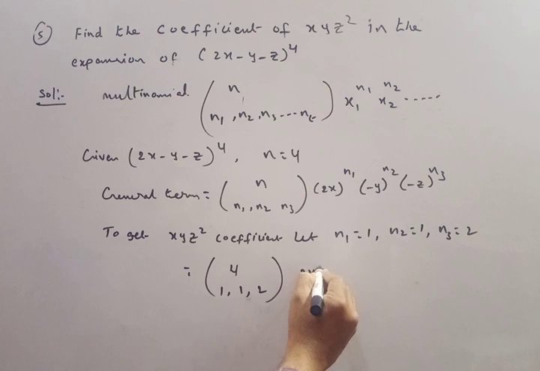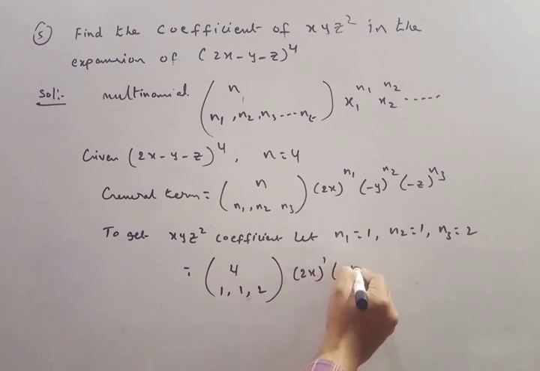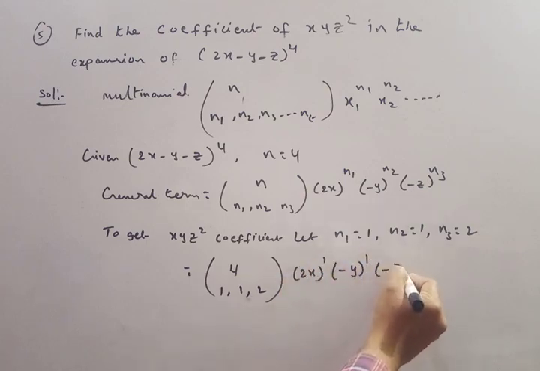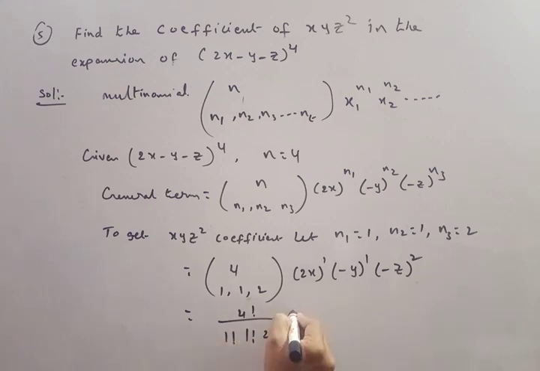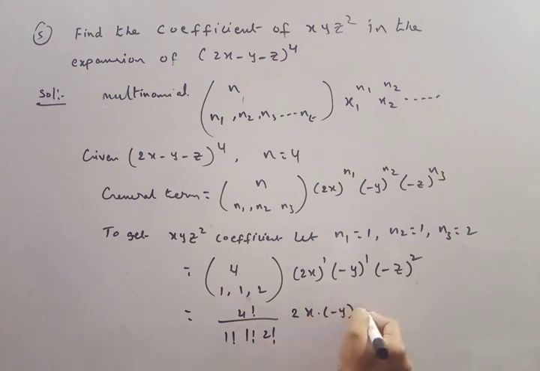So 2x power 1 into minus y power 1 into minus z whole square. So this will give you 4 factorial by 1 factorial, 1 factorial, 2 factorial, into 2x into minus y into z square. That means he is asking for the coefficient, no?